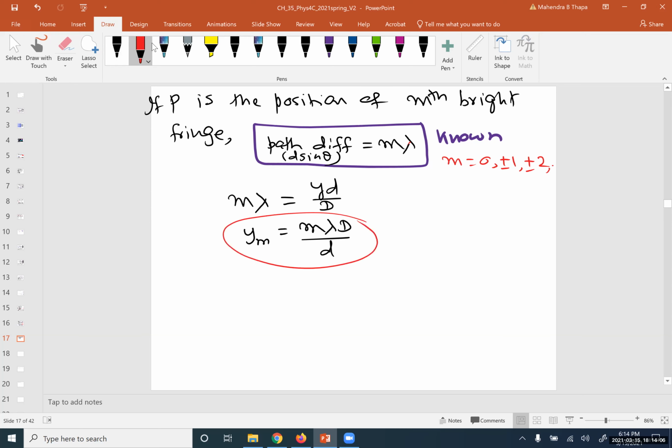I just replaced y by ym to indicate the mth position, the mth bright fringe, only for that purpose. So this gives the position of the mth bright from the position of the central bright.